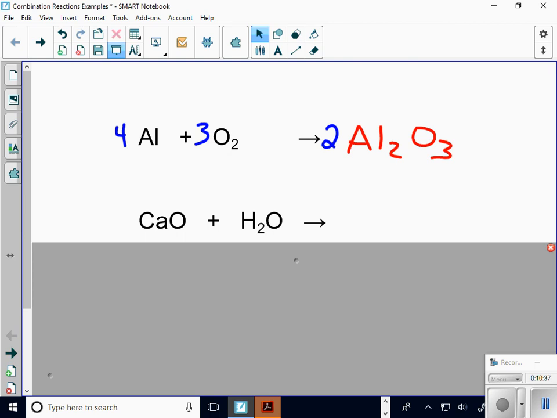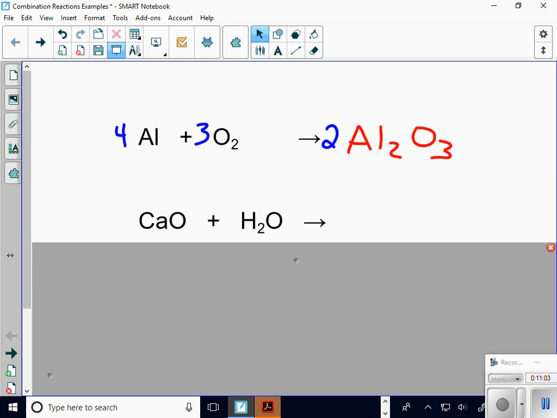I look at my active metal oxide and water on my outline, and it tells me what? That active metal must be a group 1 or a group 2 metal. Is calcium a group 1 or a group 2 metal? Is it? Absolutely.